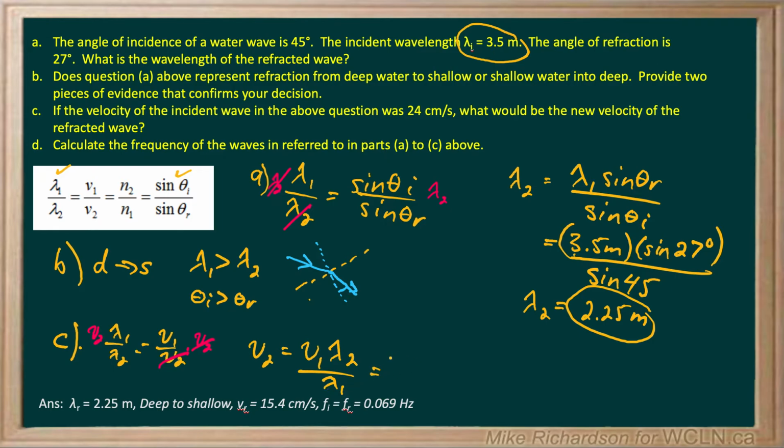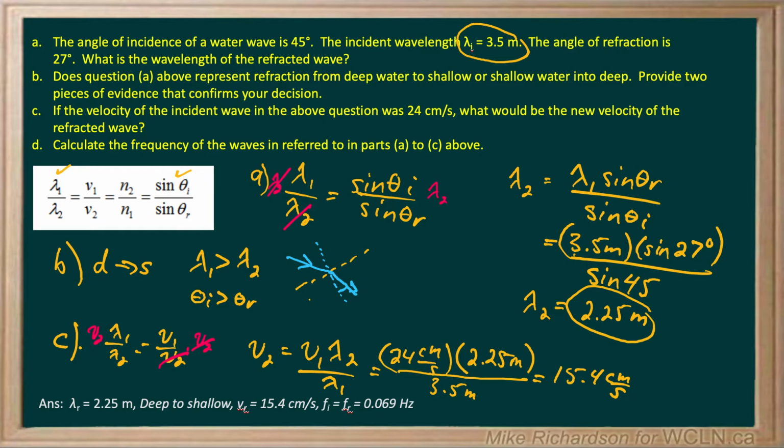So V1 was 24. Lambda 2 was 2.25. We figured that out in part A. And lambda 1 was 3.5. And when I do that, I get V2 is 15.4 centimeters per second.